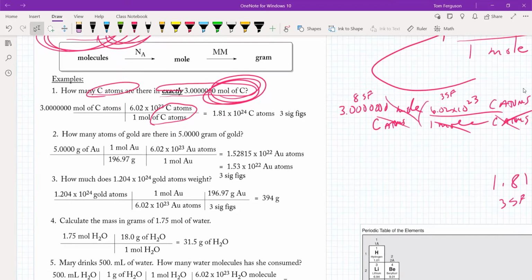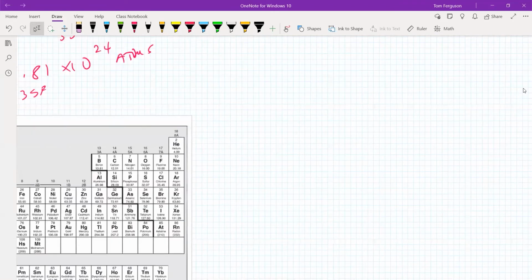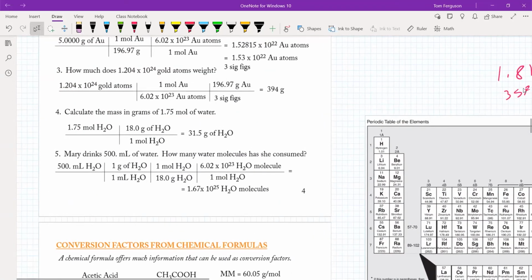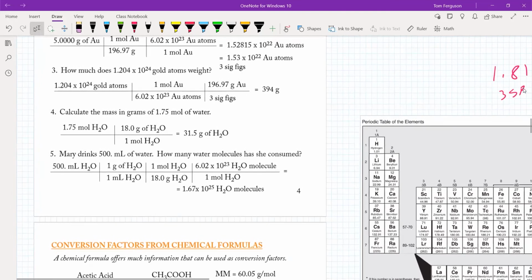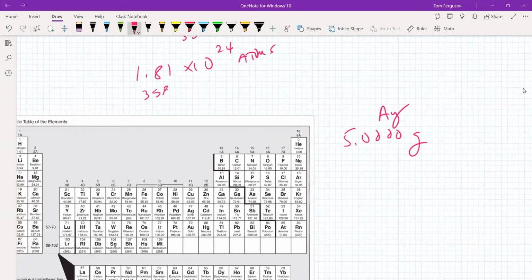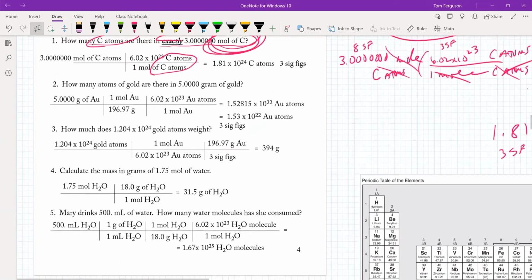So in this case, we're starting with 5 grams of gold. How many atoms of gold are there?